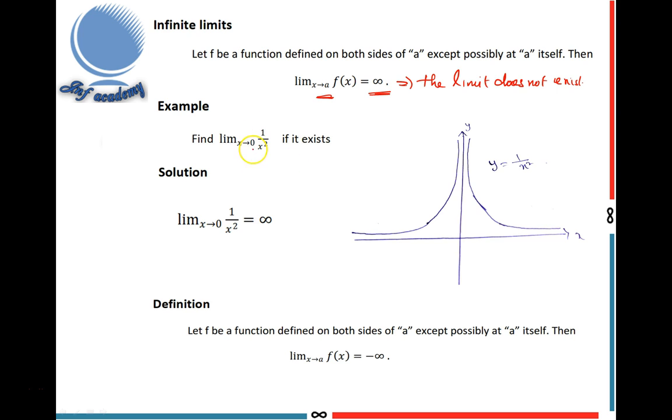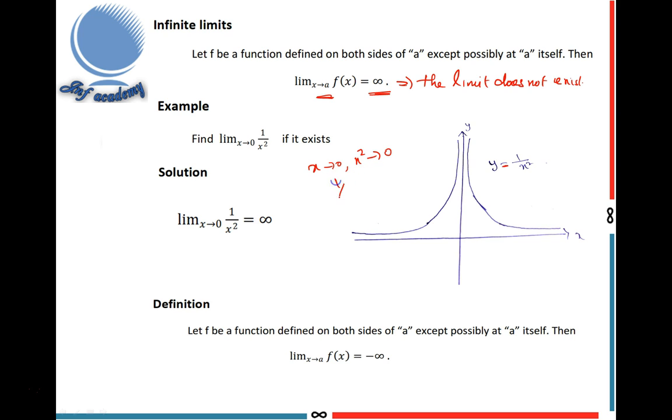I will give an example. Find limit x tends to 0 of 1 by x square, if it exists. This is the diagram of y equal to 1 by x square. We can put the positive values to get this curve, and the negative values to get this curve. Here x becomes close to 0, so x square also becomes close to 0, but 1 by x square becomes very large, infinity.